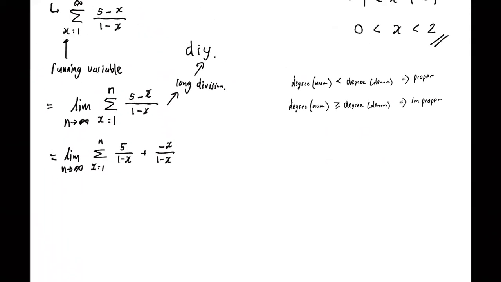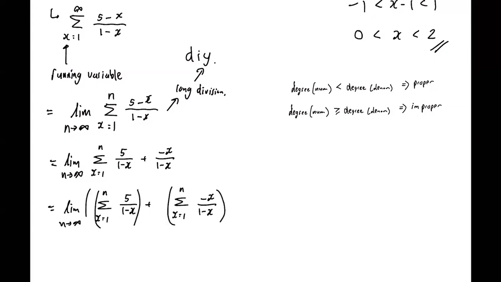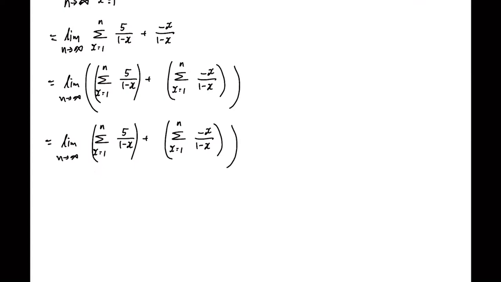Right, I want to evaluate this expression. So how do we deal with it? What we need to realize now is that in the limit as n goes to infinity of this sum, you can split up the sum into 2 parts: the summation of the first guy plus the summation of the second guy. They are both under the limit, so you can actually split it up into the limit of the first guy plus the limit of the second guy.